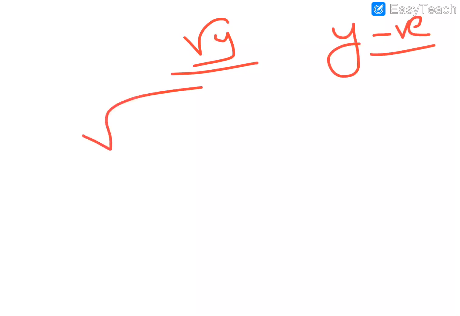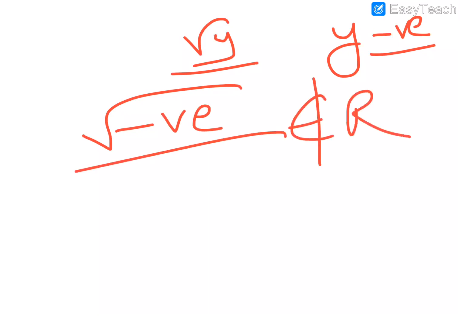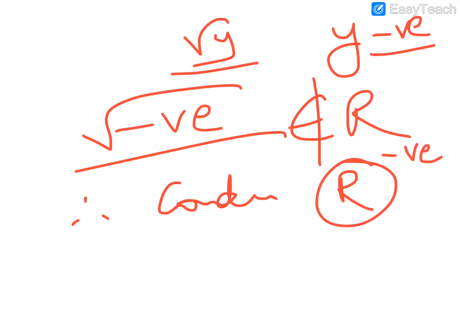If y is negative, of course these are imaginary numbers, that doesn't belong to the real numbers. So if your codomain in the question has the entire real numbers, that is, it has negative numbers, then we cannot find the negative root value. So it automatically becomes into function, not onto, because if y is negative we cannot find.